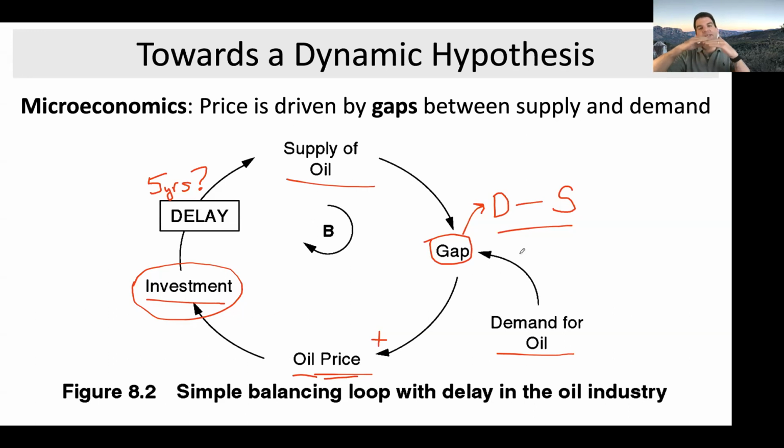If the gap is very negative, the price is going to decrease. So increases in the gap, so as the gap gets more positive, are going to be increases in oil price. Decreases in the gap, as the gap becomes negative, means decreases in oil price. And if the gap is 0, the oil price will stay the same, it won't change.